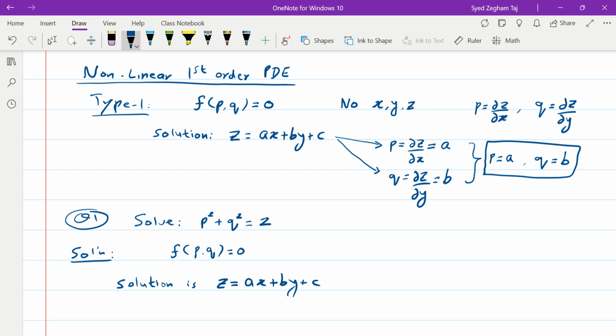Let us say the question is changed like this. This partial differential equation is given to you and you have to find the complete solution. Okay, now what is a complete solution?